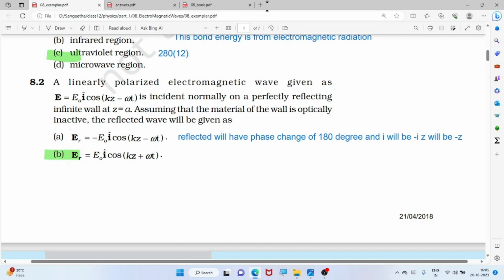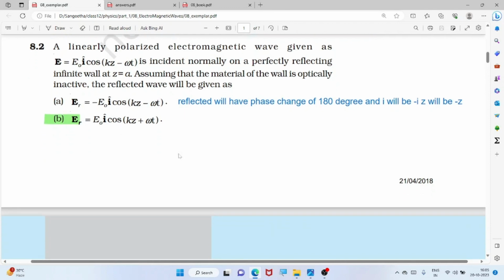A linearly polarized electromagnetic wave is given, the E component of the electromagnetic wave is given, incident normally and perfectly reflecting on an infinite wall at Z equal to a, assuming that the material of the wall is optically inactive, it is reflecting fully. The reflected wave will be given as, here they are saying perfectly reflecting wave.